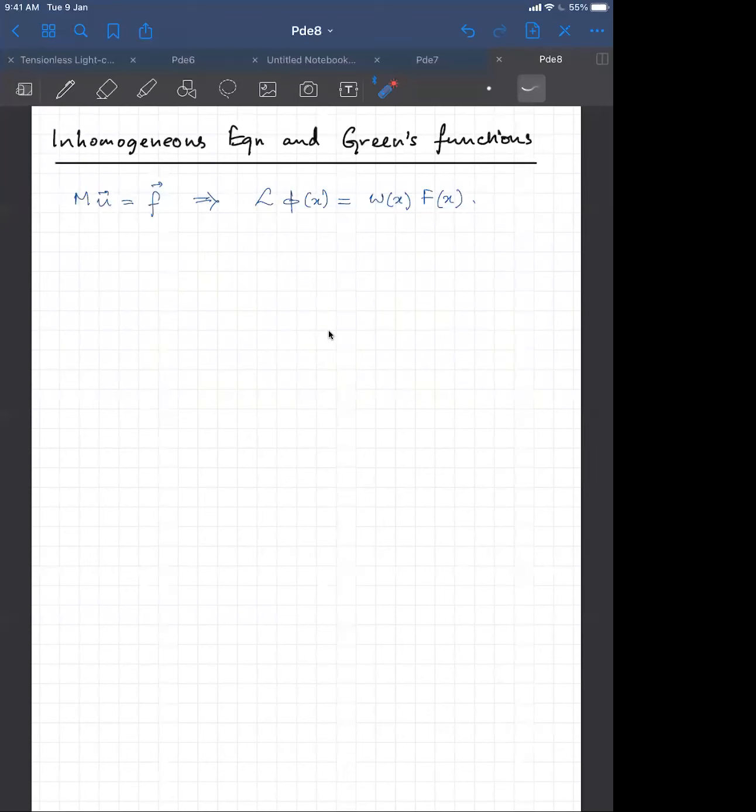Now the functions phi of x and f of x can be expanded in terms of a set of complete eigenfunctions of L. So we are going to suppose the following. We take y1 of x, y2 of x, and so on to form this complete set of eigenfunctions.